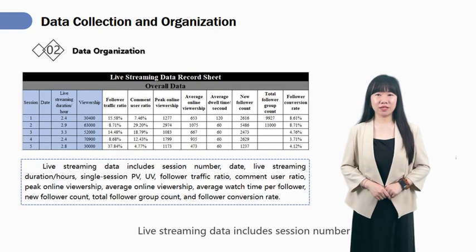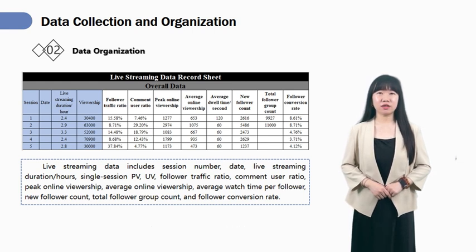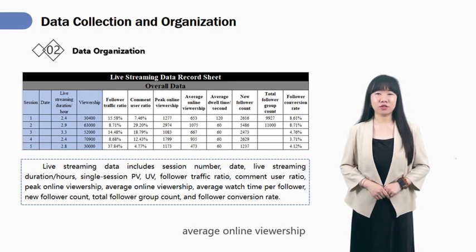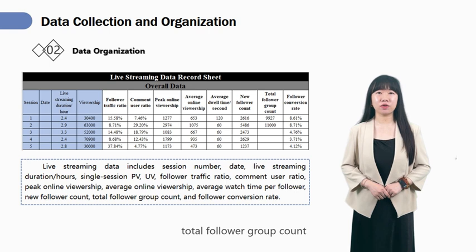Live streaming data includes session number, date, live streaming duration in hours, single session PV, UV, follower traffic ratio, comment user ratio, peak online viewership, average online viewership, average watch time per follower, new follower count, total follower group count, and follower conversion rate.